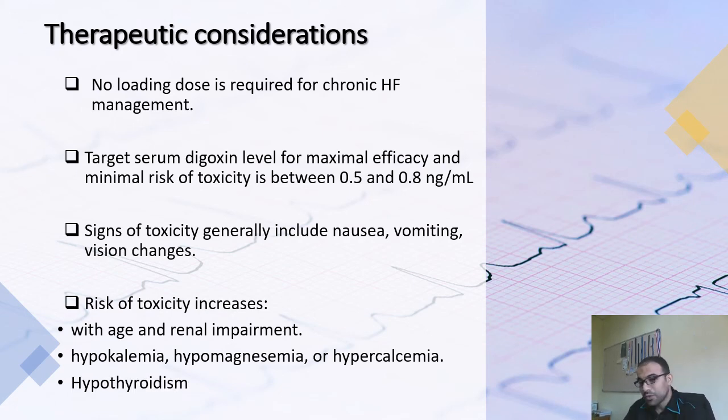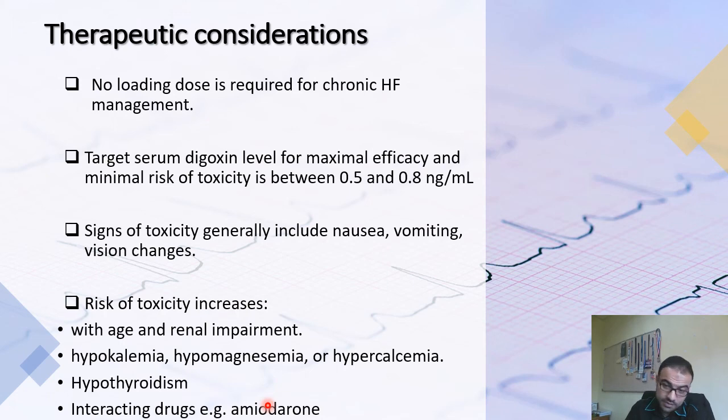Hypothyroidism is one of the conditions that potentiate digoxin toxicity, along with interacting drugs. Unfortunately, digoxin has many interacting drugs, but right now I just highlighted the cardiovascular medication commonly used in arrhythmia, amiodarone. In this case, there is a recommendation of reducing the dose by 50% when co-administered with amiodarone.